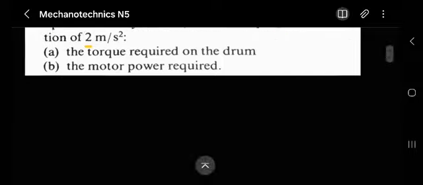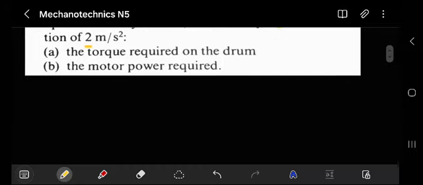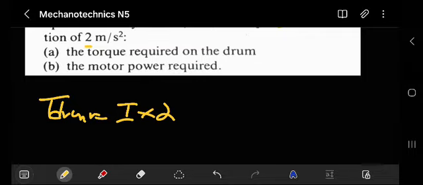Hope you know that the torque on the drum, which is the final thing, is moment of inertia multiplied by angular acceleration. But this will be the final step.